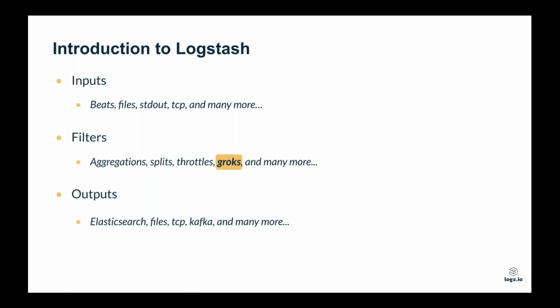All this information is easily searchable if you type in Logstash inputs, Logstash filters, Logstash outputs on Elastic's website, and you'll get a very long and clear list of all of these available filters, inputs, and outputs.